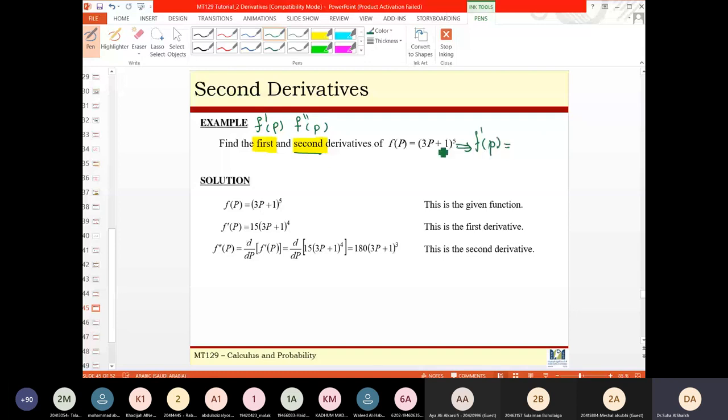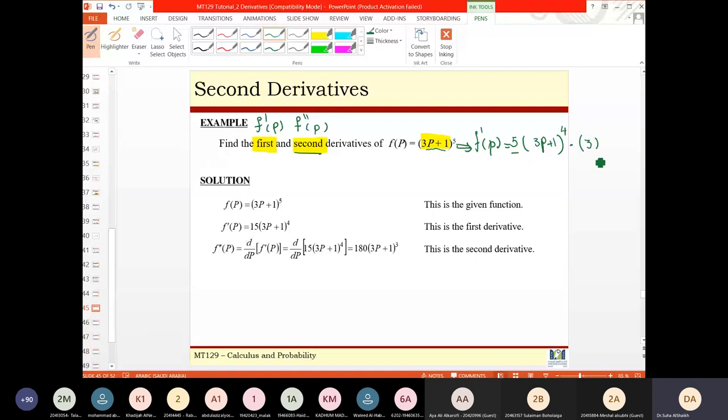Now, bracket to a power 5. I highlight what is inside, it's 3p plus 1. So I find the derivative. It is 5 down there, and the 3p plus 1 will be to a power 4, multiplied with the derivative of what is inside. What's the derivative of 3p plus 1? It's 3. And now Abdulaziz, you were asking where we got the 4 from. See? I have the 5 and I have the 3 as well.